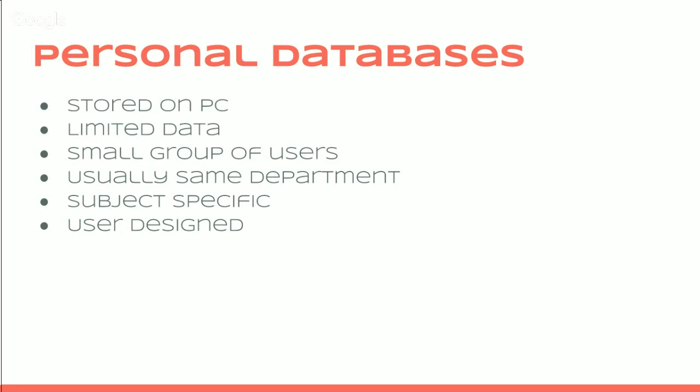Imagine one department in a company would use a personal database, and it's subject specific and user designed, which means it's good at collecting information for one thing. So it's very specific and designed by the people who use it. So hopefully that will optimize how the database works.